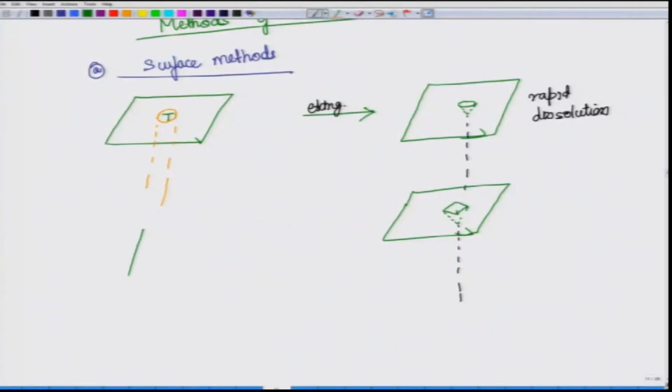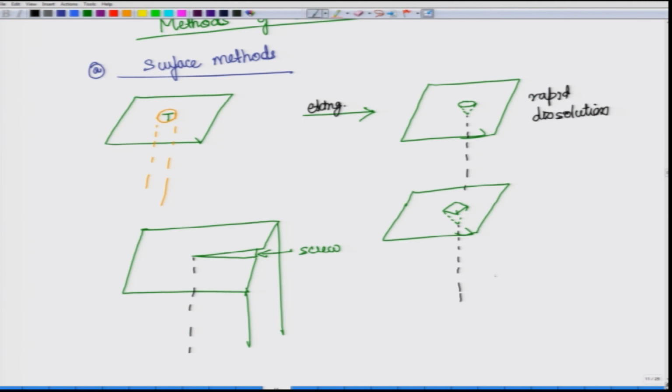So, it gets preferentially etched, and you may also see screw dislocation causing steps like this. Because of preferential etching, you may also see ledges like this, and this will be because of screw dislocation.